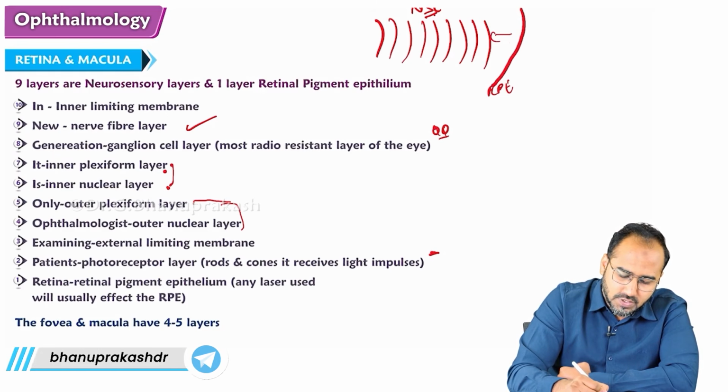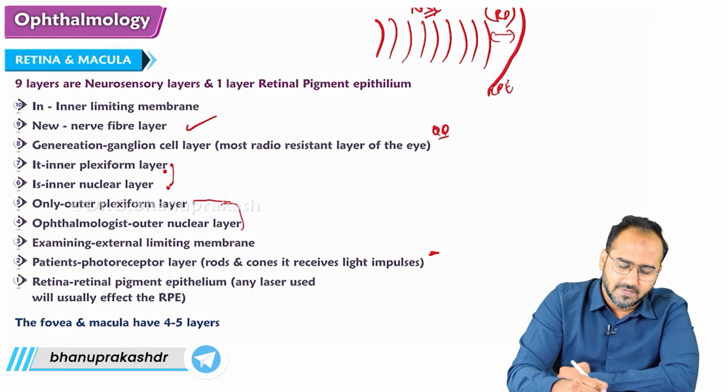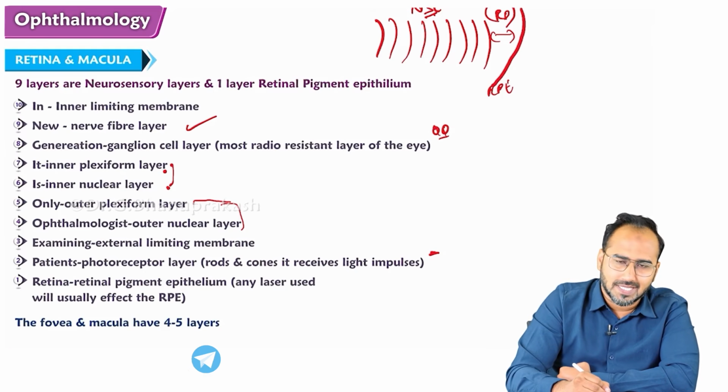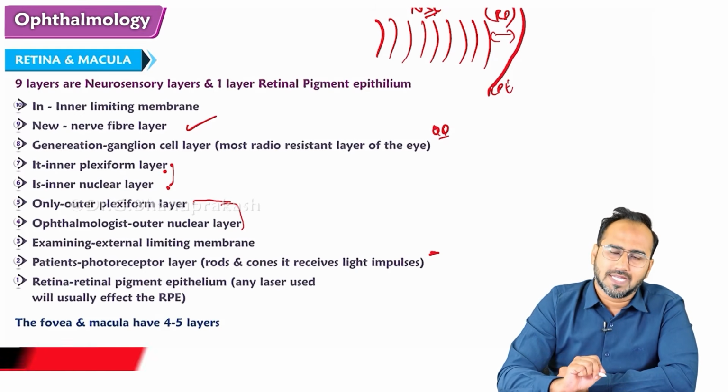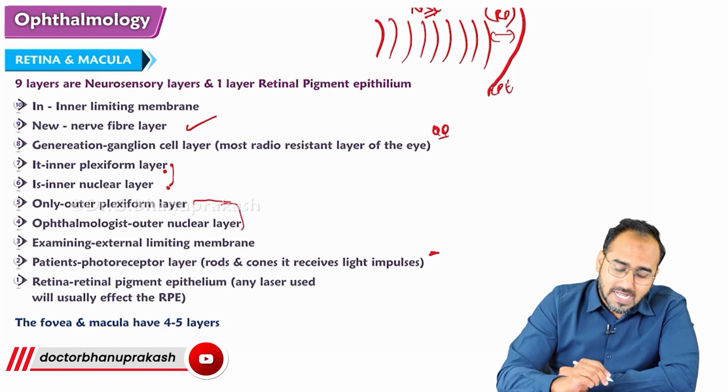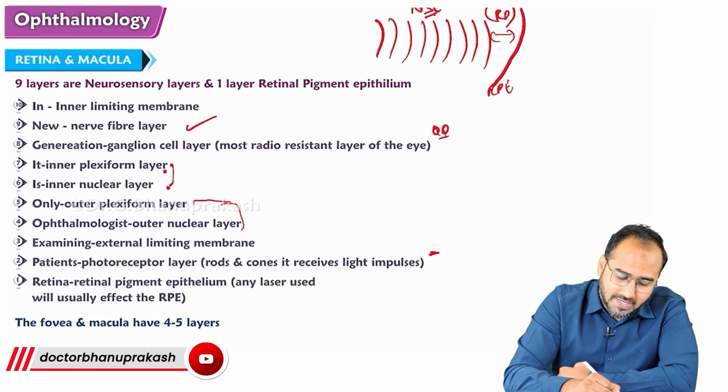Do you see the space over here? This is retinal detachment. The detachment between the neurosensory layer and the retinal pigmentary epithelium is called retinal detachment. Okay? Sometimes the patient might have detachment in between the neurosensory layers.